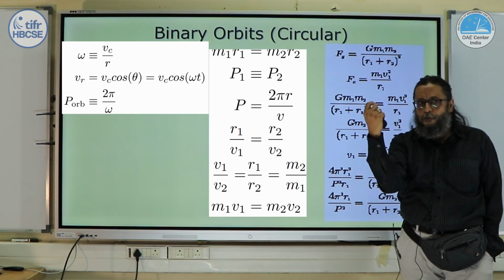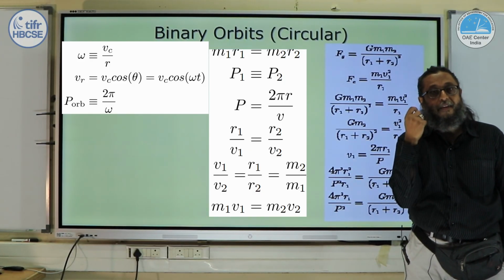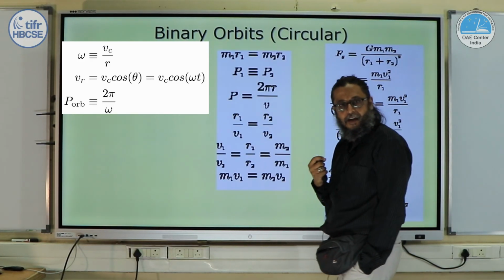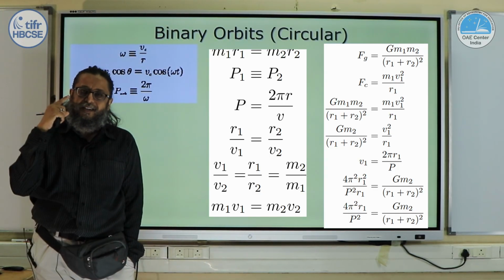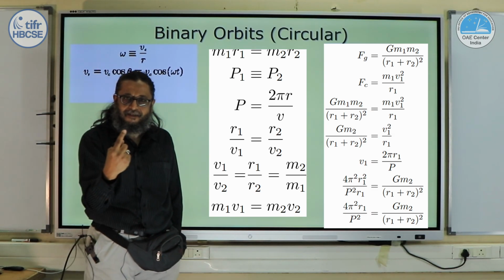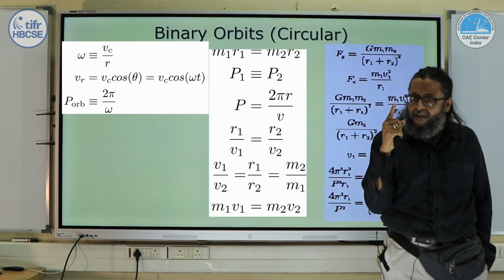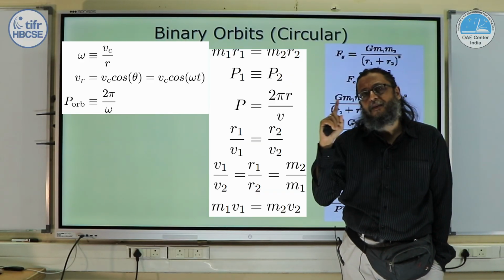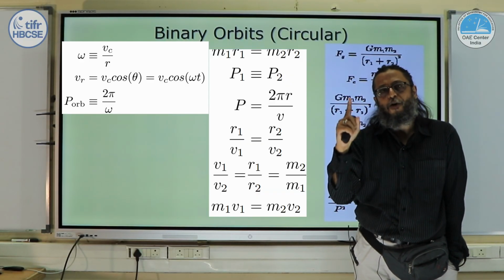Whenever an object is moving in a circular path, it has to experience a centripetal force. It is the centripetal force that causes its change of direction of motion continuously. The centripetal acceleration is causing it to accelerate continuously. So please understand, a body which is moving in a circular orbit is actually moving under a force all the time.